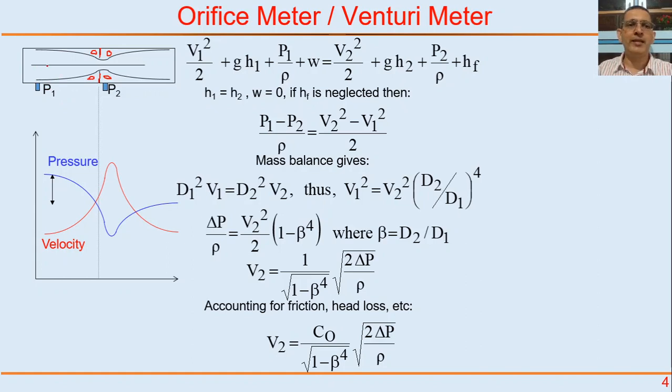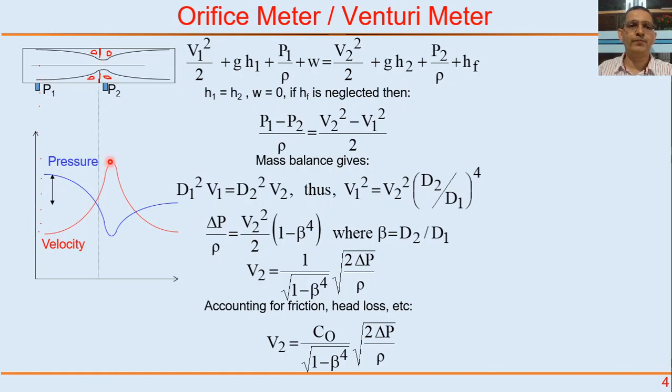Now if you look at the center line and plot different variables, first of all we plot velocity. As we go from here to here, let's say the velocity in the pipe is this. Now as we go along, the cross-sectional area is reducing because here only this much area is available for flow. As the cross-sectional area reduces, what happens to velocity?